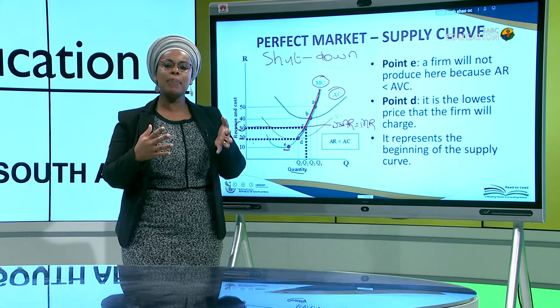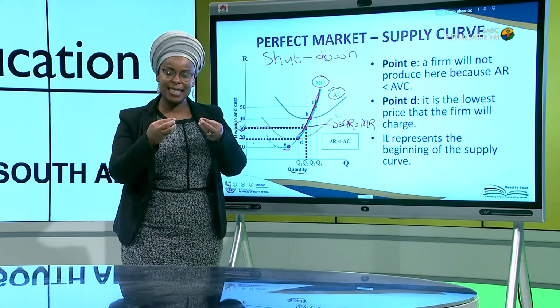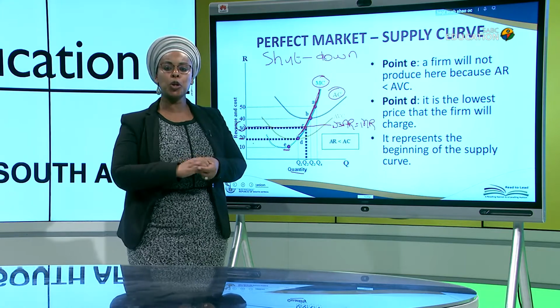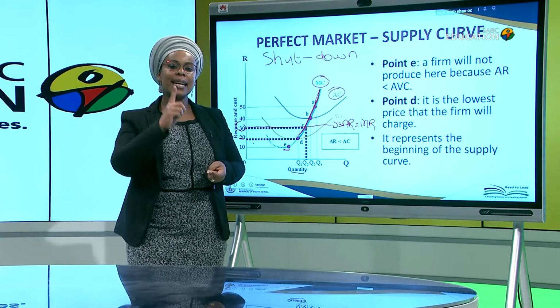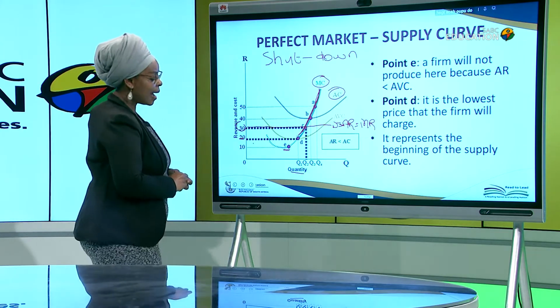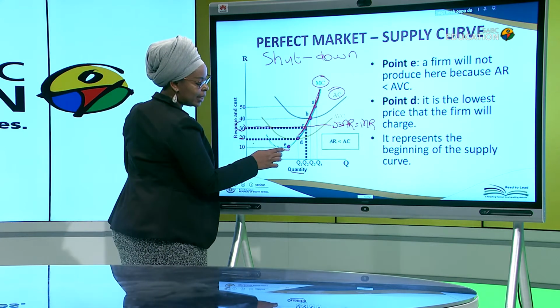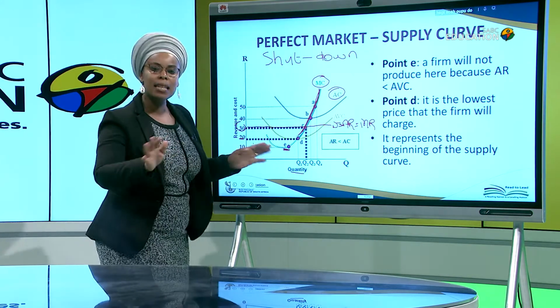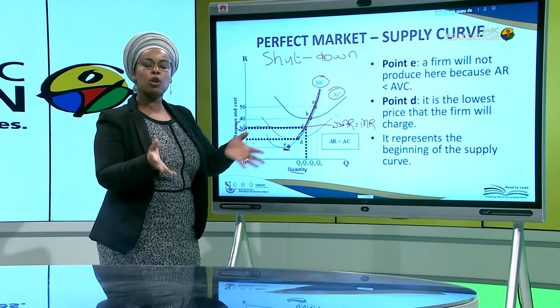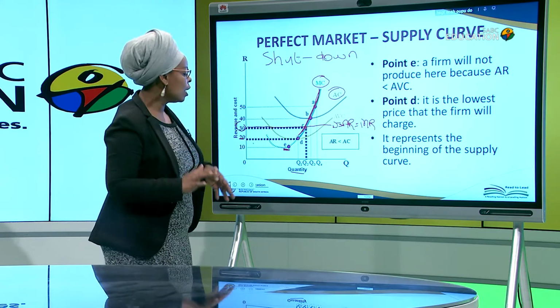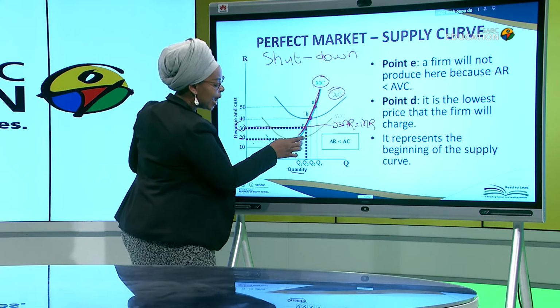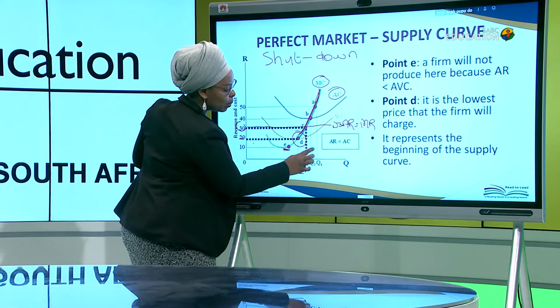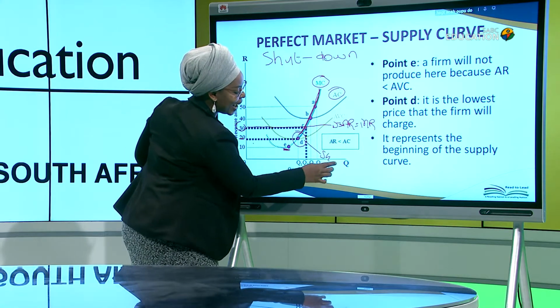When can the business exit? By shutting down. So I want to show you the point where the business can shut down. Remember, I said that we are not producing here. At point E, already the business has shut down because we cannot meet all our expenses. So the shutdown point will be at point D. This will represent our shut down.